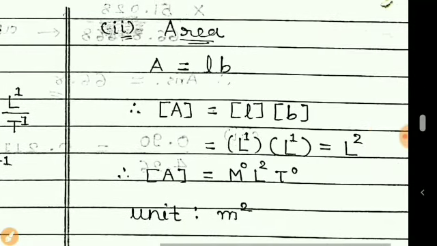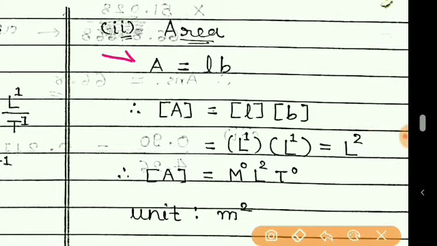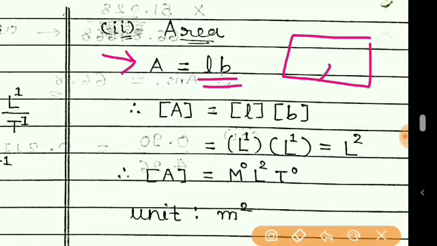Let us take the second example. Area is a physical quantity, and its simple formula is length into breadth. We know that if there is a rectangle, then this is its length and this is its breadth. So if you multiply L into B, then you will get area.